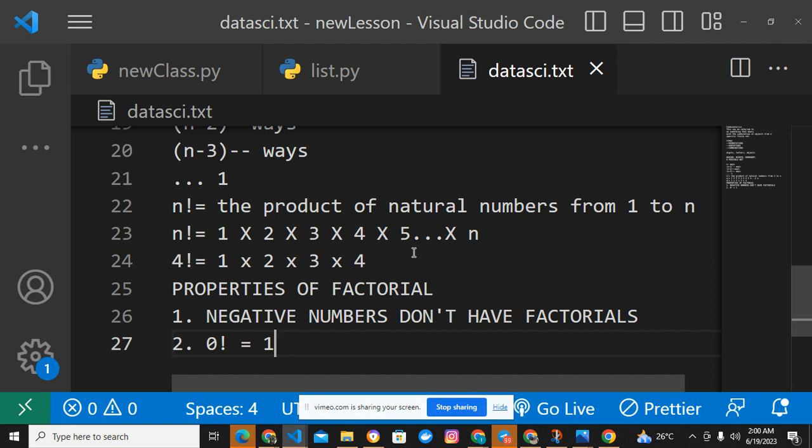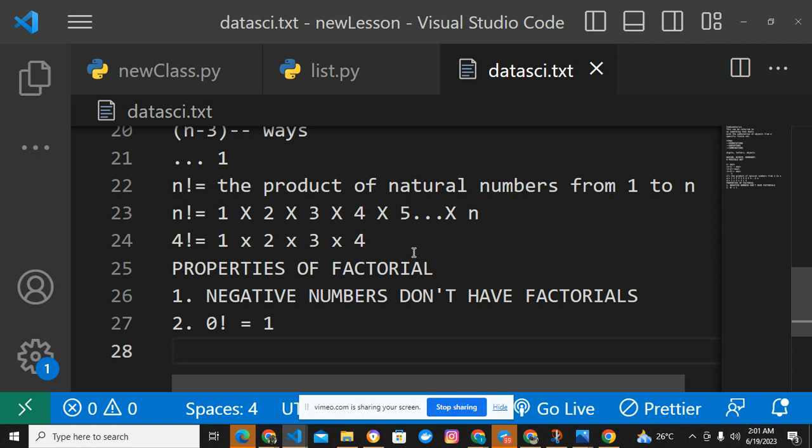Say n factorial is what? 1 times 2 times 3 times 4 times 5 up to n.